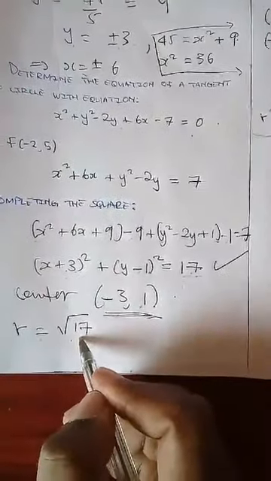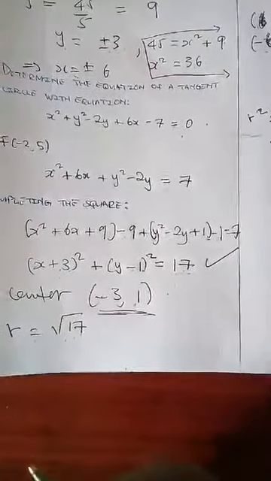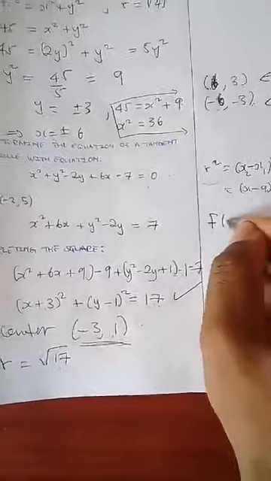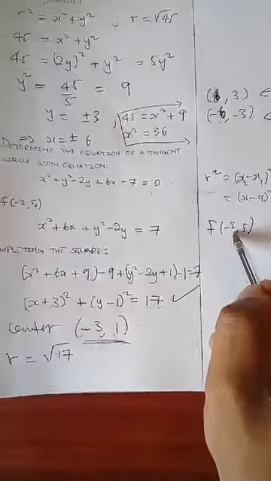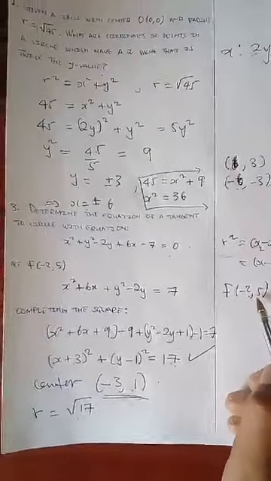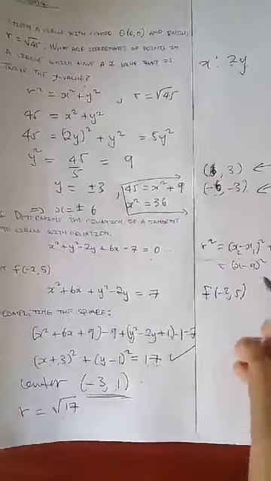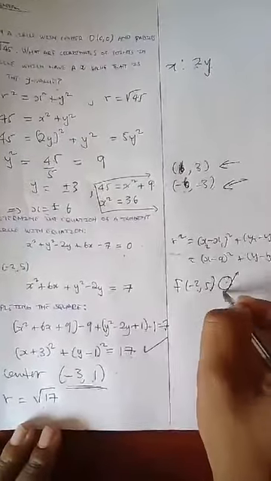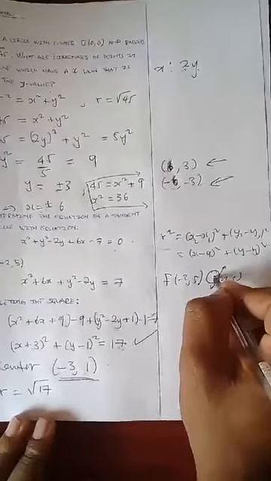So anyway, now we have the radius. Now, what can we do? We are given a point which is F, minus 2 and 5, which is a point on the circle. So this tangent is tangent at this point. So we had a circle, this tangent is somewhere there, and that point is minus 2 and 5. And there must be a radius somewhere there.